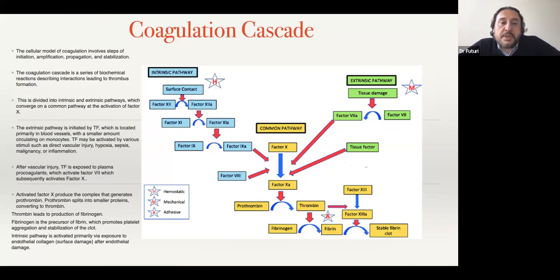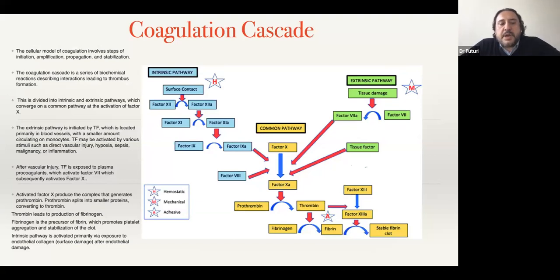This is usually stimulated when the body sees things such as trauma, for example, a gunshot wound or a stabbing victim, or patients who have hypoxia, sepsis, malignancy or inflammation, in which tissue factor will be exposed to plasma procoagulants, and through these processes, factor 7 will subsequently activate factor 10. Activated factor 10 then produces a complex that will generate prothrombin, which is factor 2, into thrombin. And thrombin helps to convert fibrinogen to fibrin, which ultimately leads to the fibrin clot through the activation of factor 13.